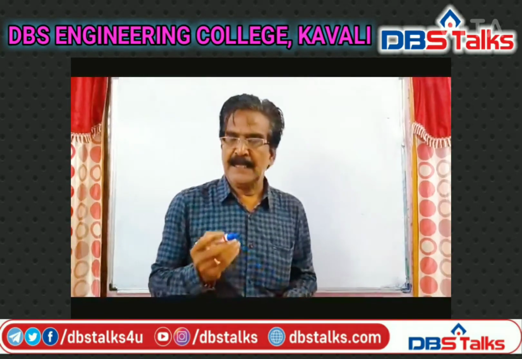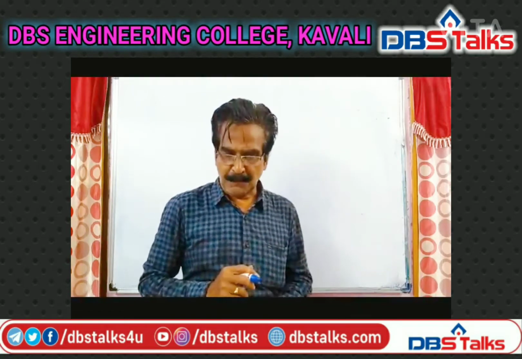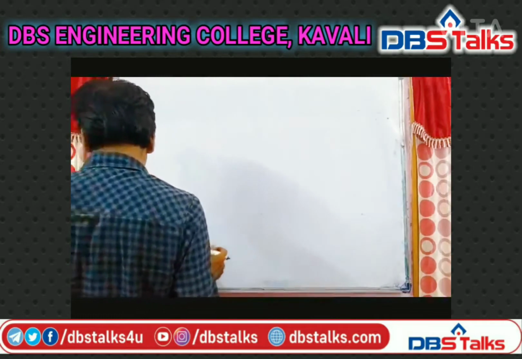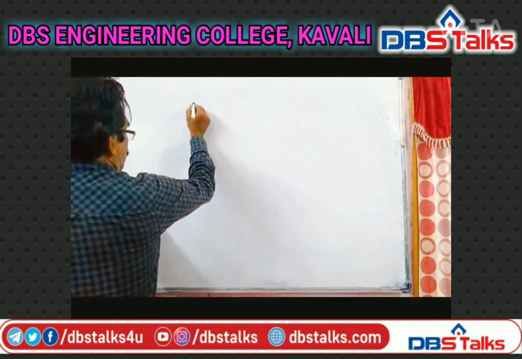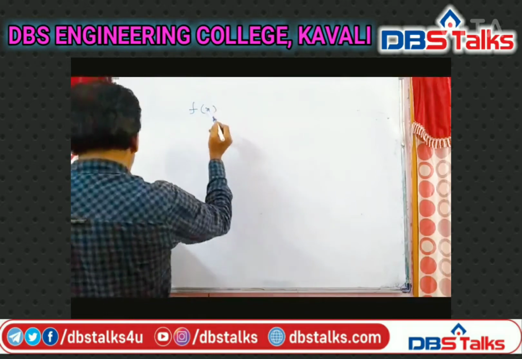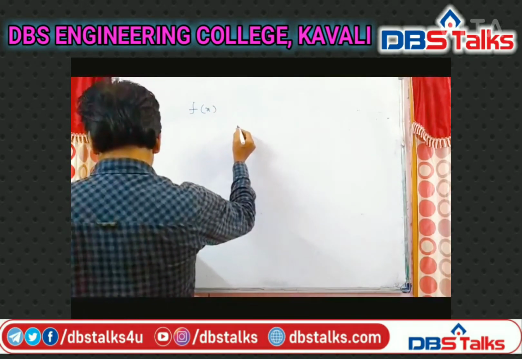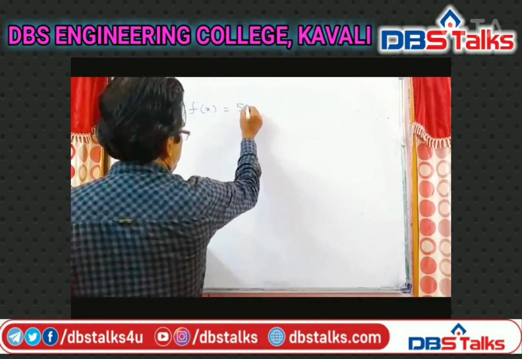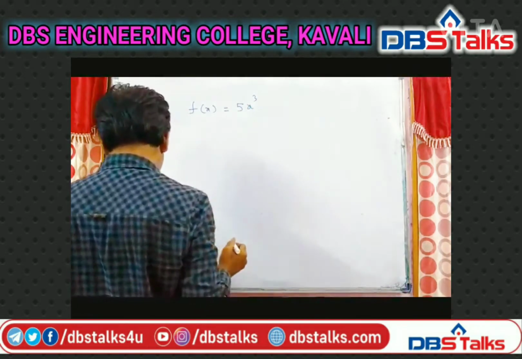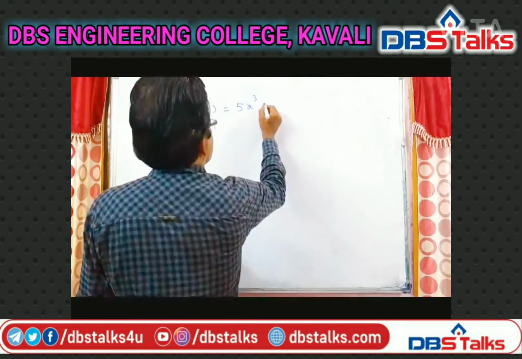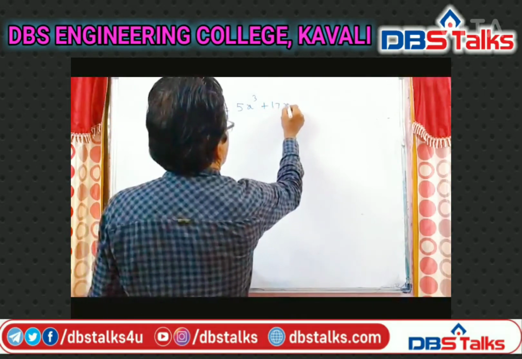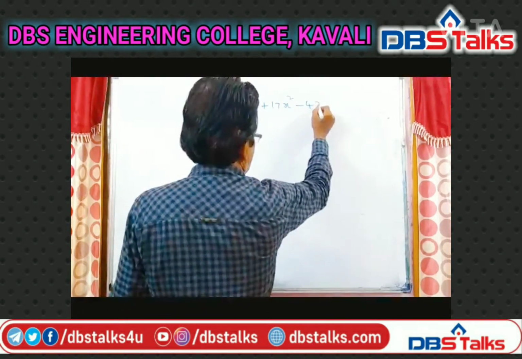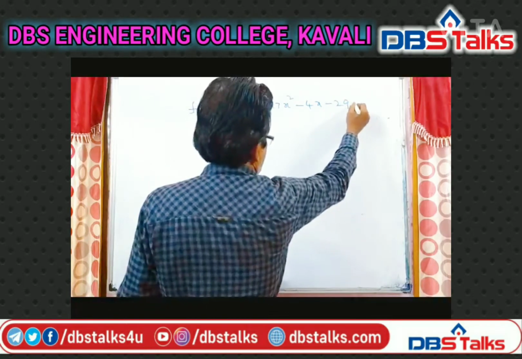Now friends, let us see one reverse problem, that is f(x) is equal to 5x cube plus 17x square minus 4x minus 29 is equal to 0.